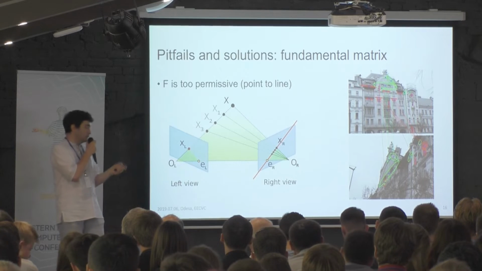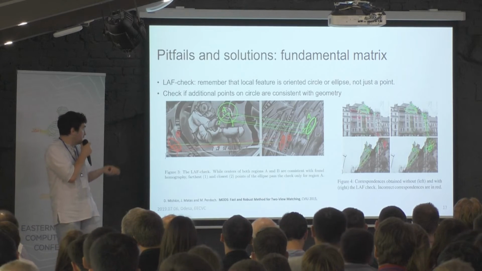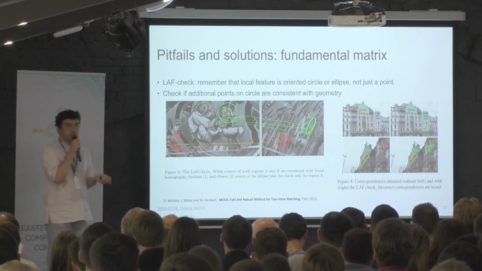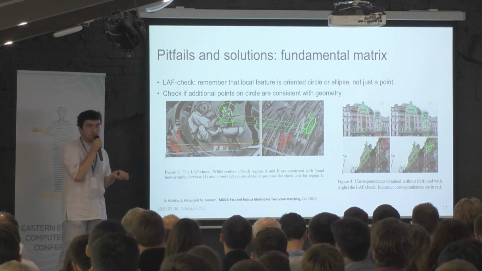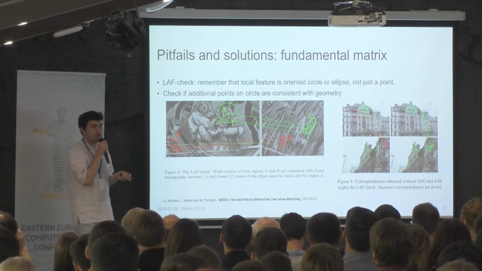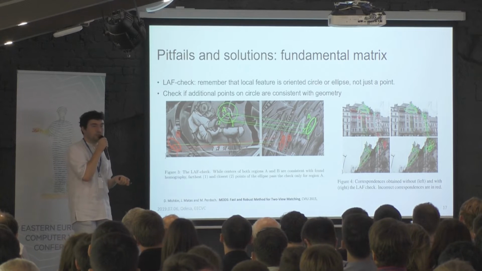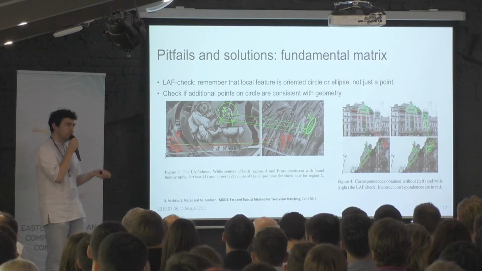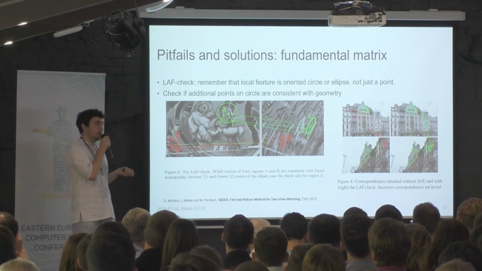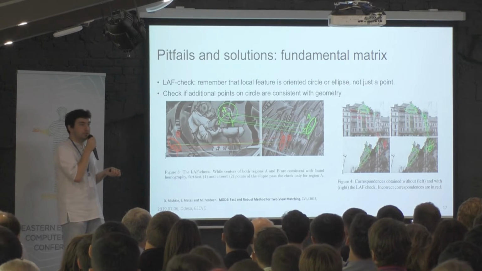So what can you do to fix this? You can remember that when you detect local features, they are typically called key points, but they are not key points, they are regions. For SIFT, they are circular oriented regions, or for others they can be ellipses or whatever, and you can have more points.